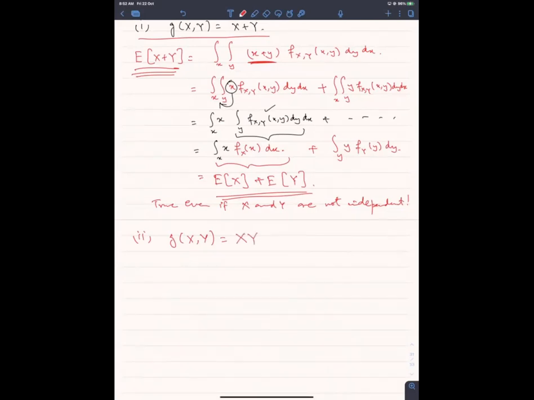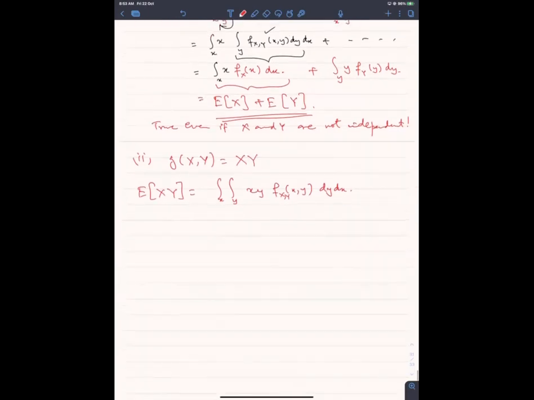So expected value of x multiplied by y would be equal to the integral over x, integral over y, of x y f(x,y) dy dx. Okay.